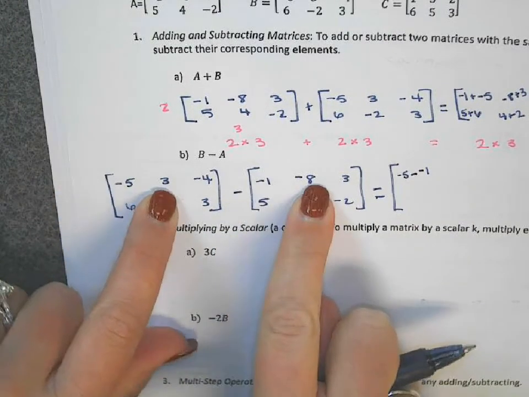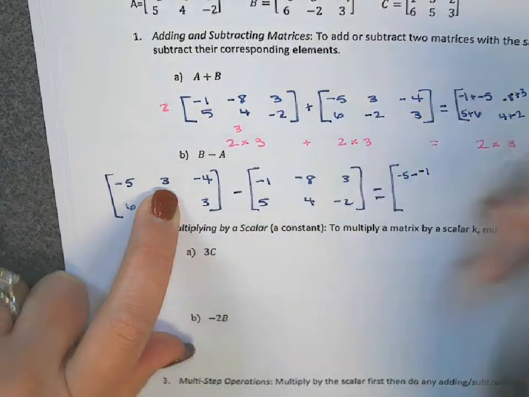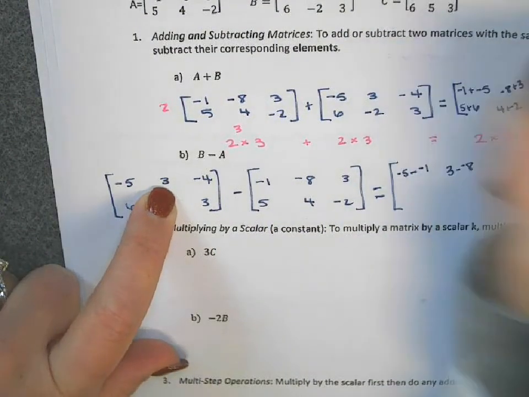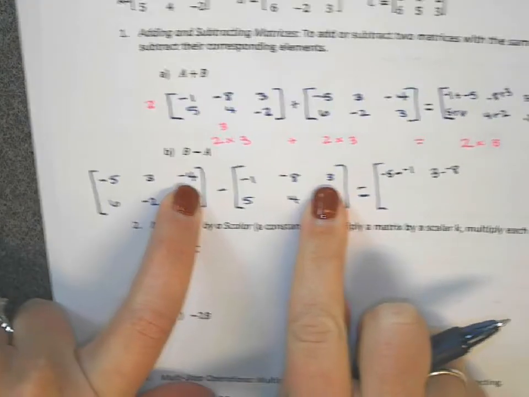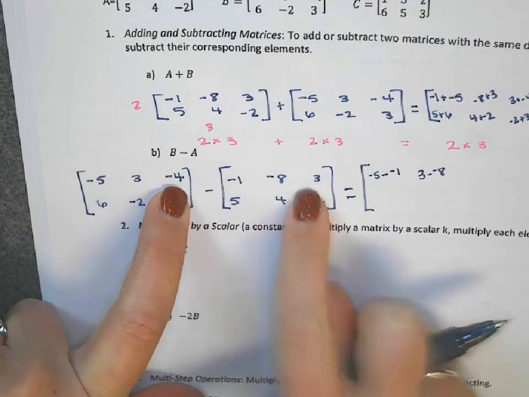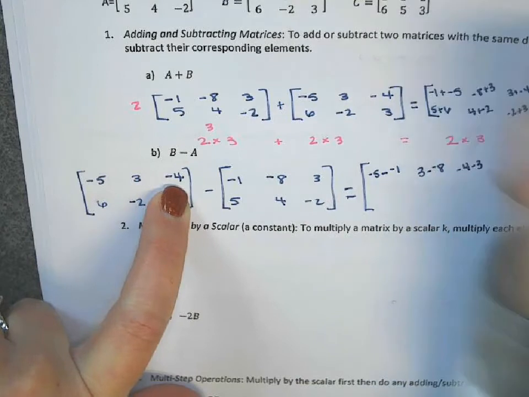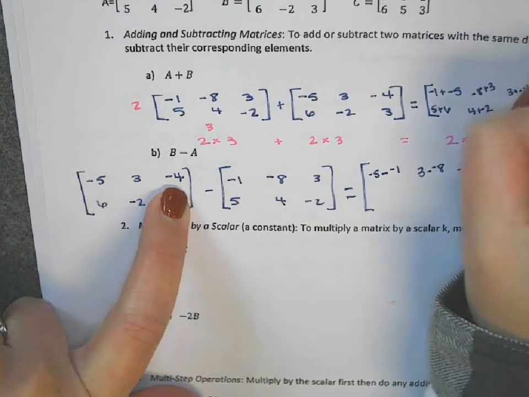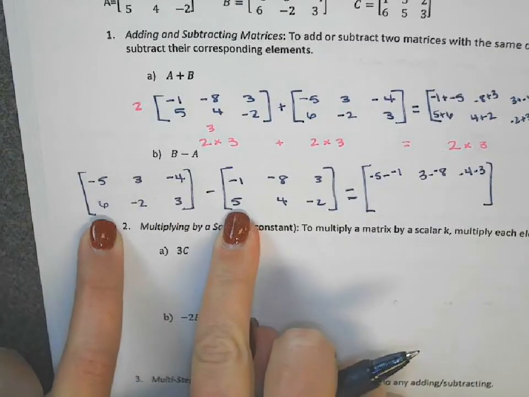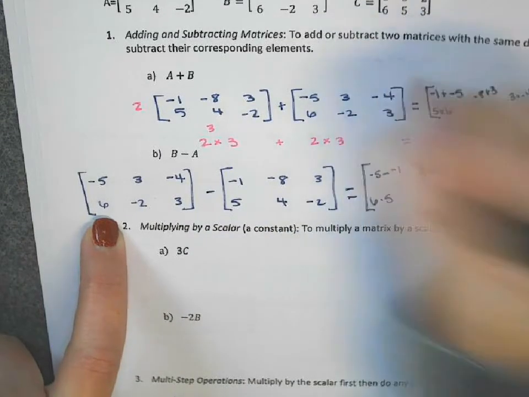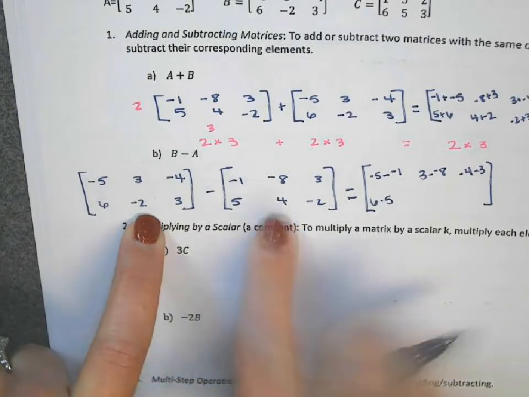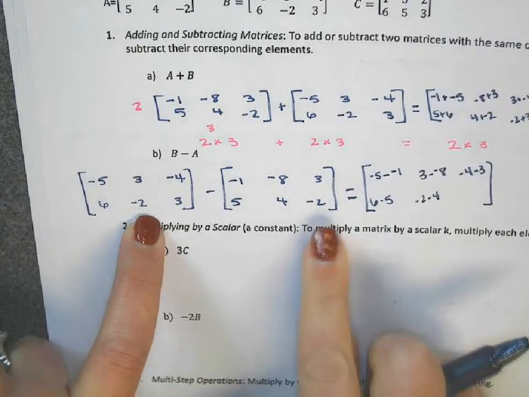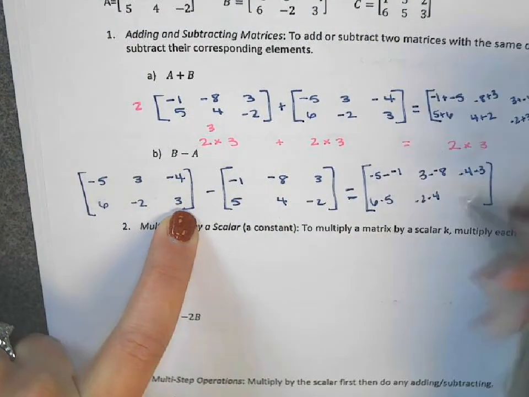The top middle is going to be 3 minus negative 8. The top right is going to be negative 4 minus 3. Do you guys see how I'm getting these expressions in there? The bottom left is 6 minus 5. The middle, negative 2 minus 4. And 3 minus negative 2.